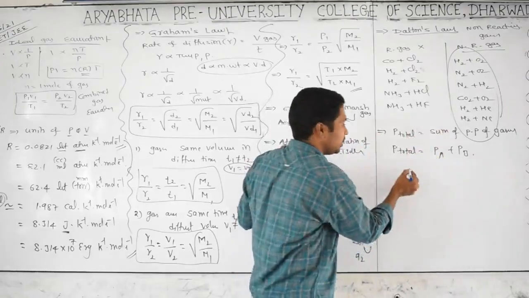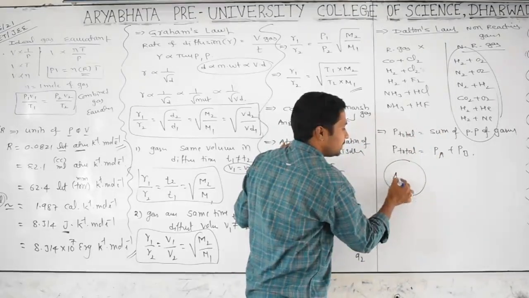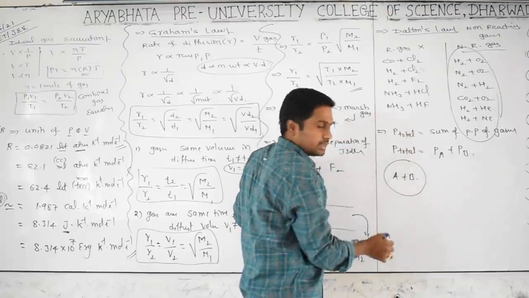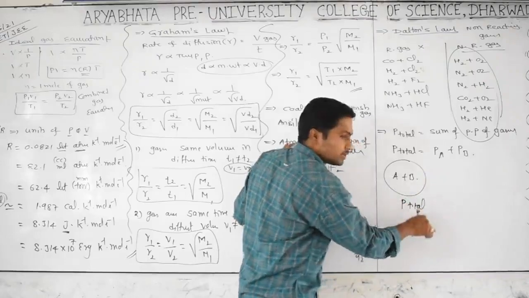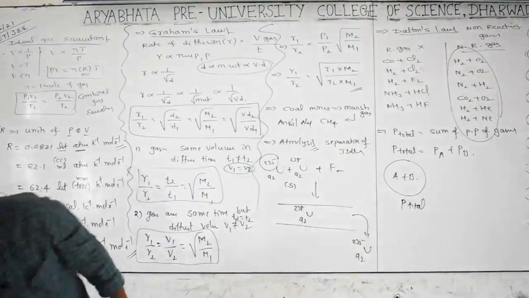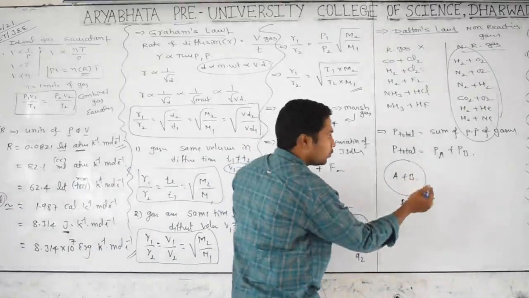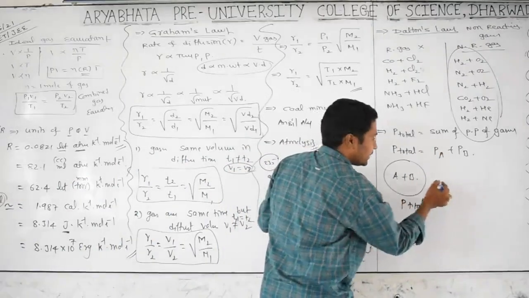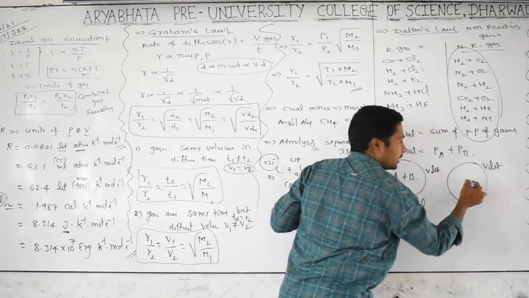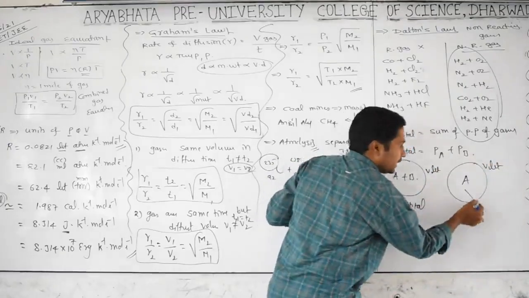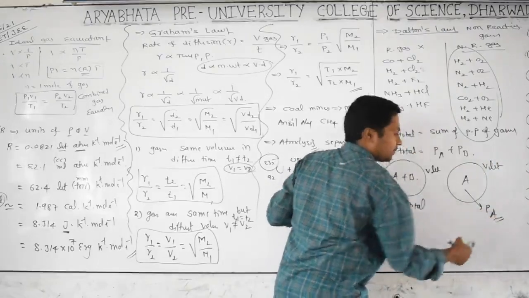For example, you have a mixture in which A gas is there and B gas is there. We get the total pressure. But what is the meaning of partial pressure? In the same V liter container, we take A gas alone, and the pressure it creates is called the partial pressure.